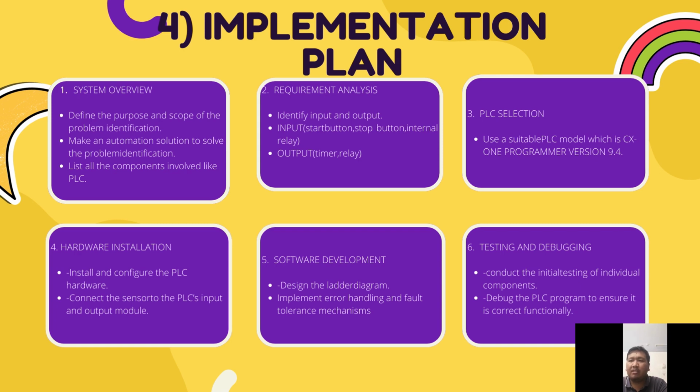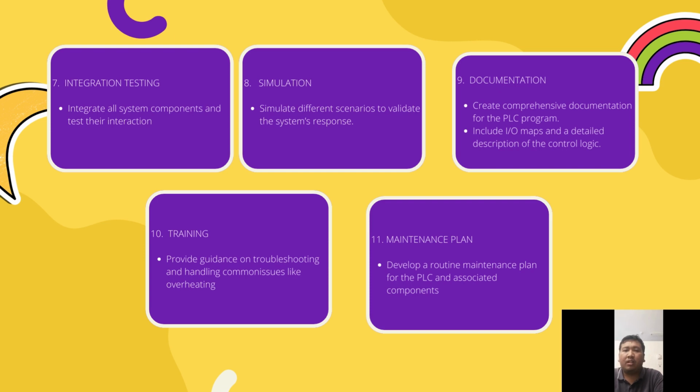Number 6 is testing and debugging, which is to conduct the initial testing of individual components that we use and debug the PLC program to ensure its correct functionality. Number 7 is integration testing, which is to integrate all system components and test their interaction.